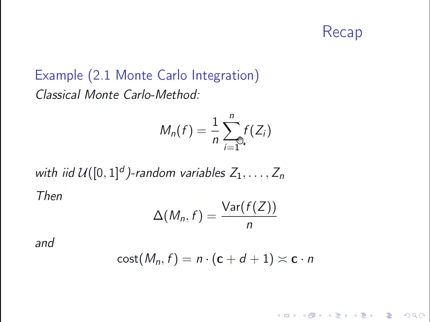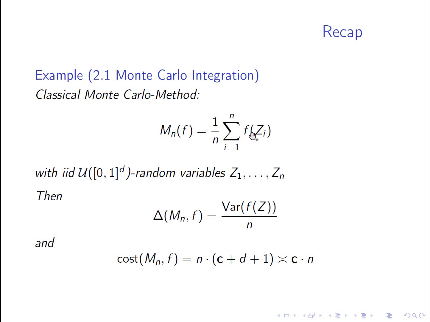Since we already spoke about integration, here's a small recap, namely Example 2.1, where we introduced Monte Carlo integration just by doing the classical Monte Carlo method. What's the classical Monte Carlo method? Well, we have random variables Z_1, ..., Z_n, which are IID copies of a random variable which is uniformly distributed on [0,1]^d.